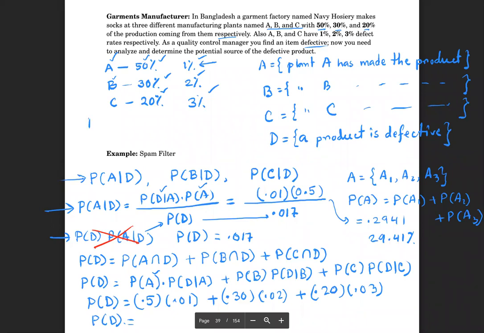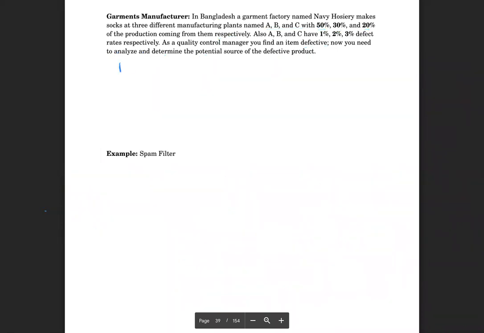So the probability of defective given that B has made it, let me clean up the screen. Remember this number, the probability of defective is 0.017.